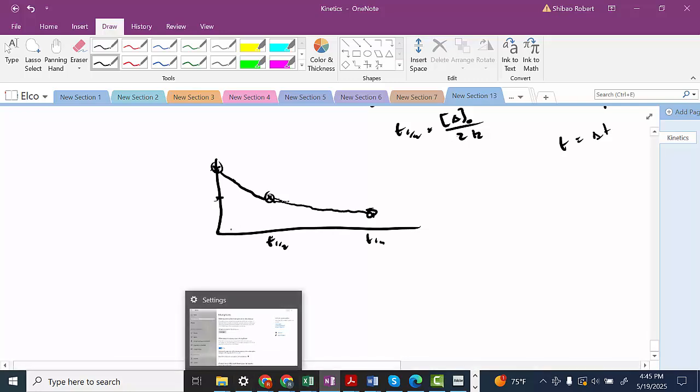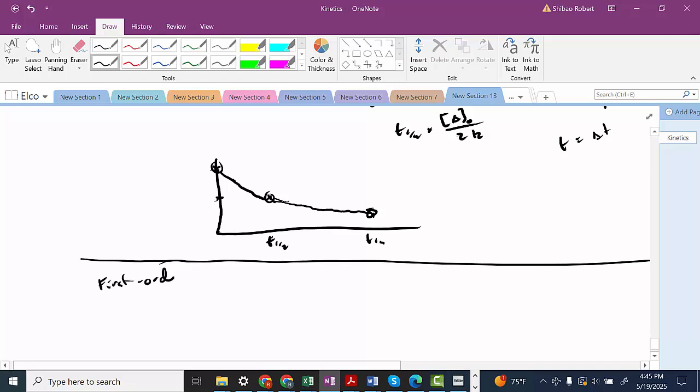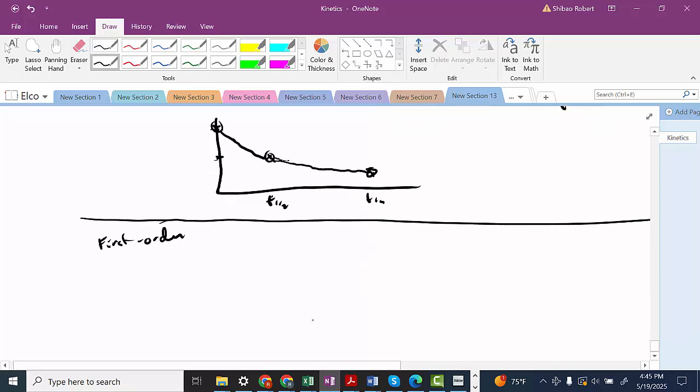We can do the same thing for first order. We'll do T1 half analysis. And so we're going to use this one, ln of A times T over A times 0, your initial start point, is equal to minus KT.